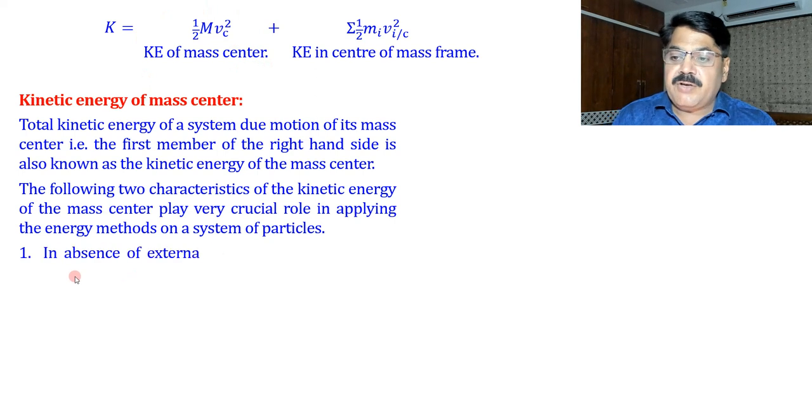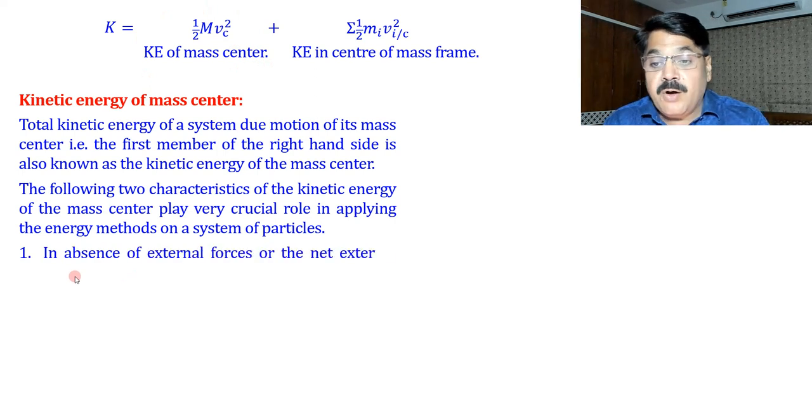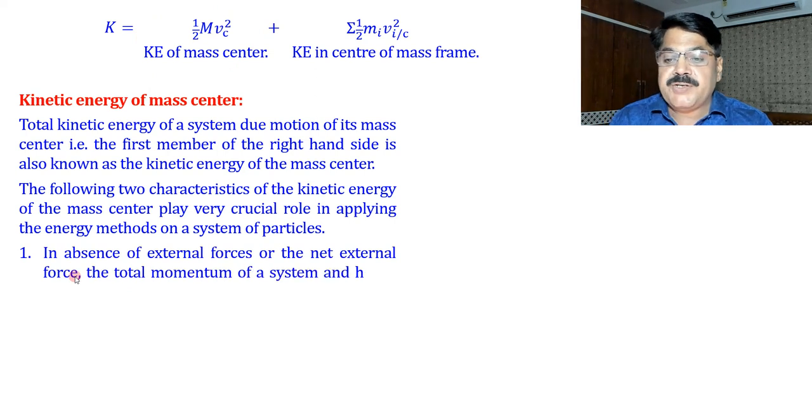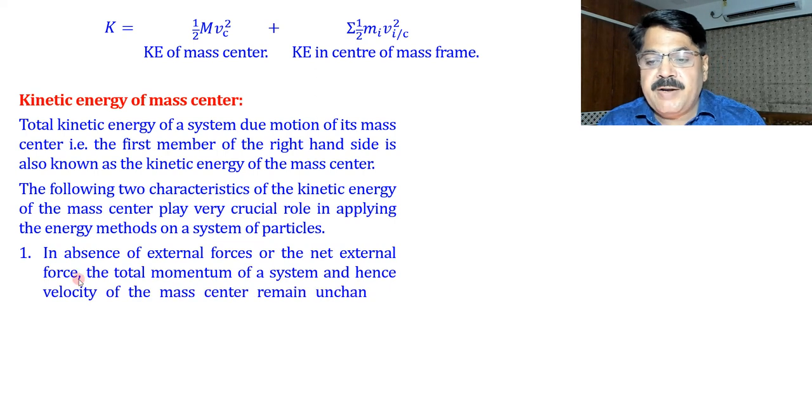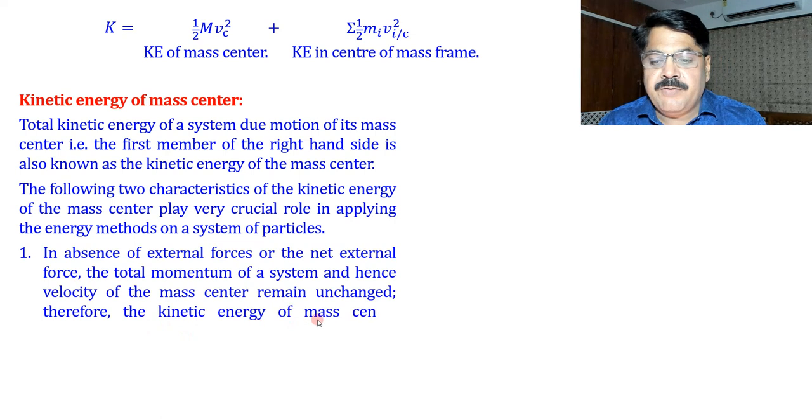First, in the absence of external forces or the net external force, the total momentum of a system and hence the velocity of the mass center remain unchanged. Therefore, the kinetic energy of the mass center remains unchanged.